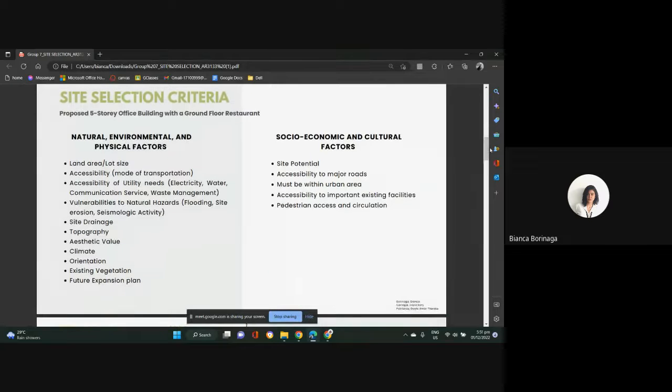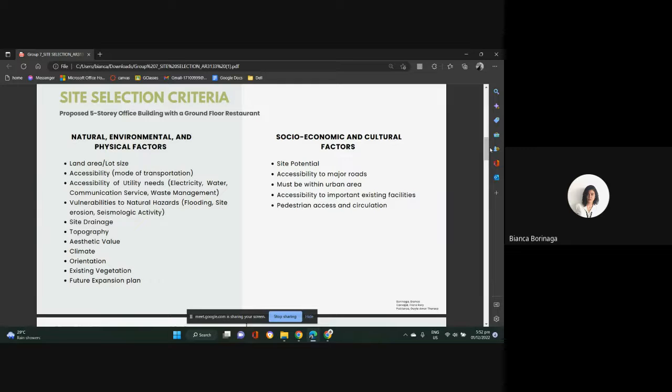So for the site selection criteria definition, we divided the site criteria into 2 factors, physical and socioeconomic factors. Under physical factors remains a significant site selection factor for land uses, including accessibility, utilities, aesthetics, and vulnerabilities to natural hazards.